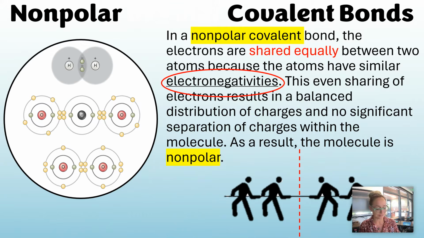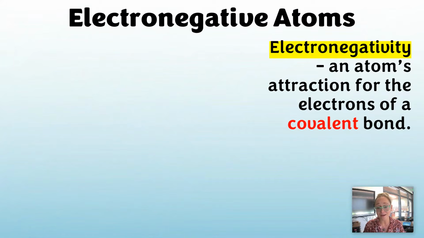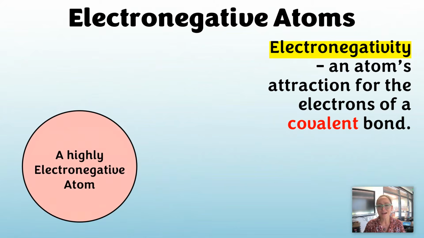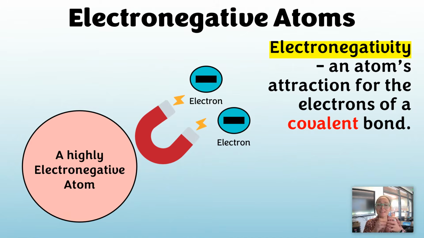So let's just quickly talk about what electronegative means. When we talk about electronegative atoms, their measure of electronegativity is really how strongly their nucleus attracts electrons. So you can kind of think of it as a magnetic pull on electrons in the sharing during a covalent bond.